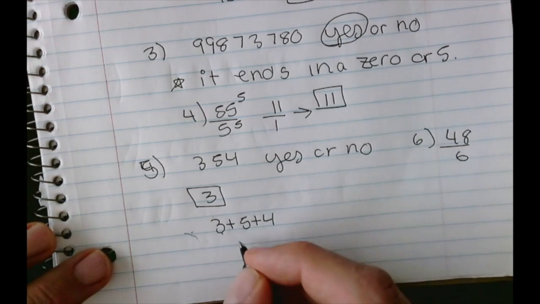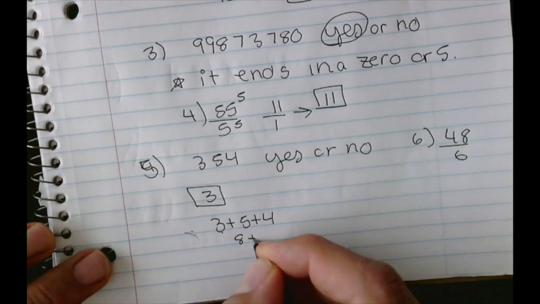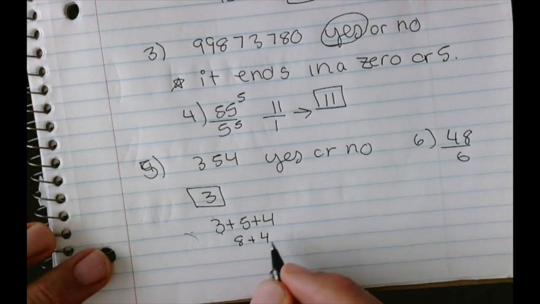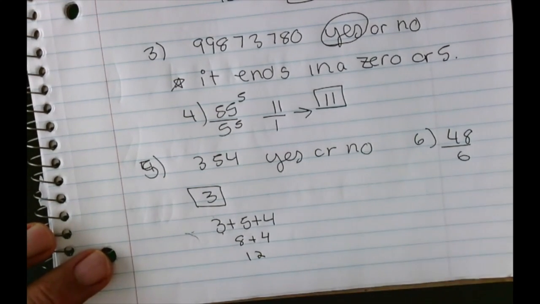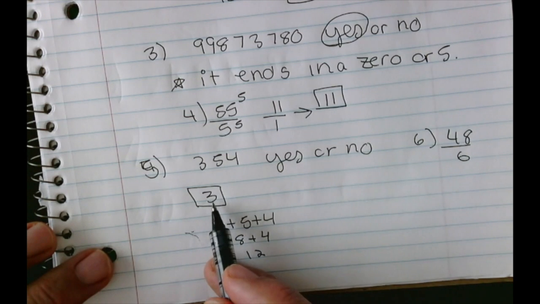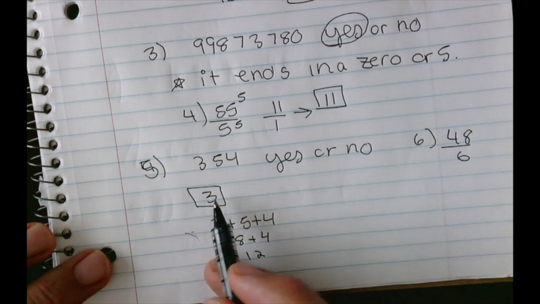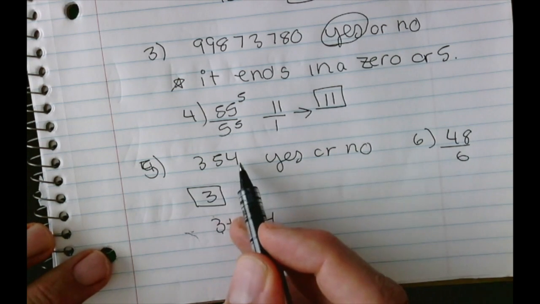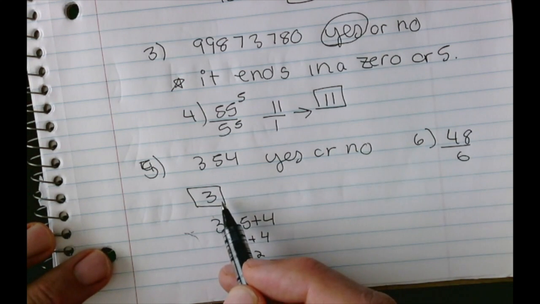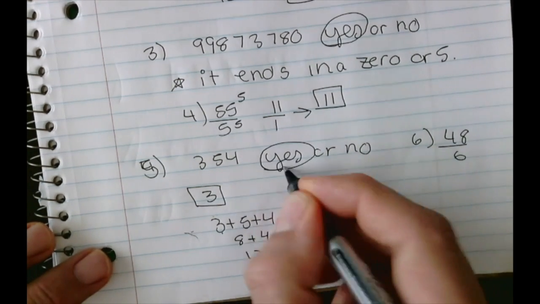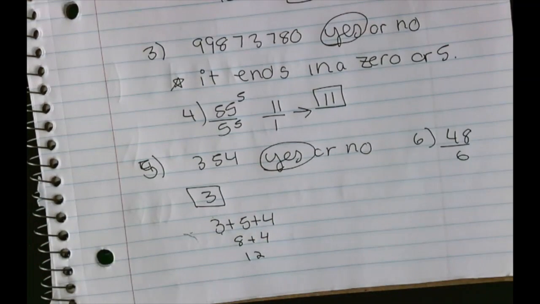Next, I do 3 plus 5, which is 8. Bring down my 4, and do 8 plus 4, which is 12. Now I know 12 can be divided by 3, so therefore, I know that 354 can also be divided by 3. So yes, 354 can be divided by 3.